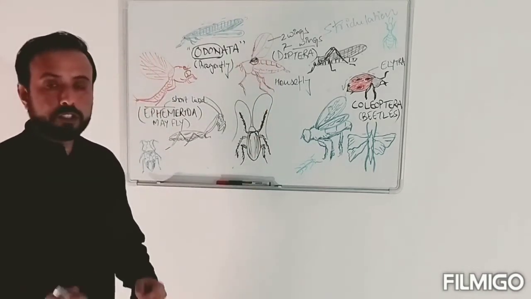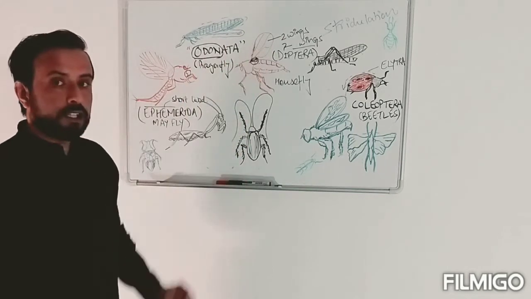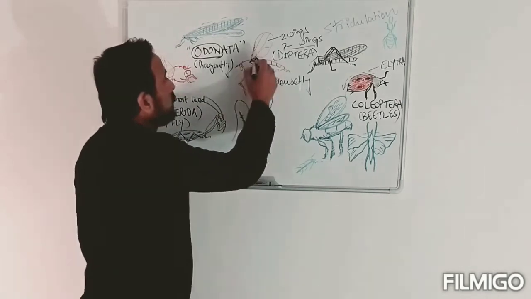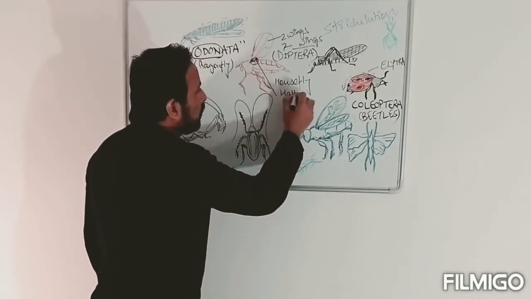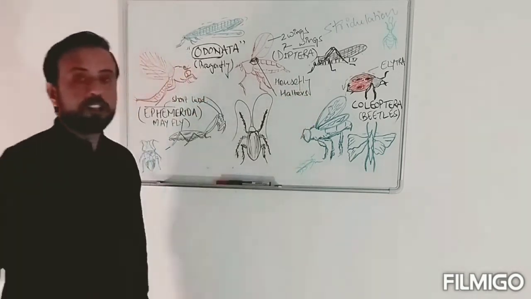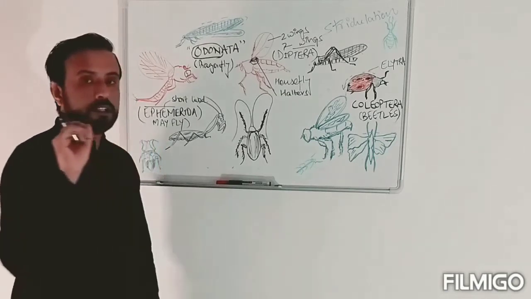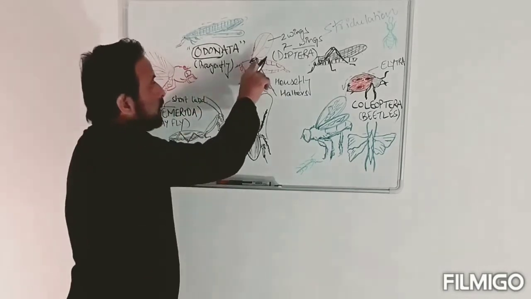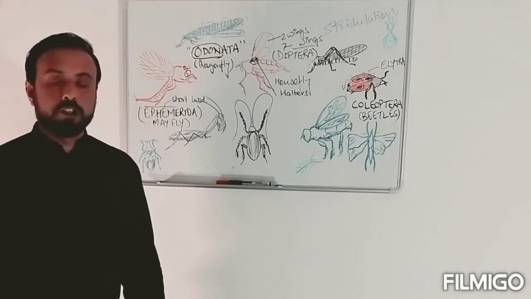They have adapted to a certain kind of lifestyle. That is why 4 wings are developed, but the hind wings have become very small, and these small things are called halters. If you see a housefly or a mosquito, you will find this small structure, the hind wing, which has been converted into halters.